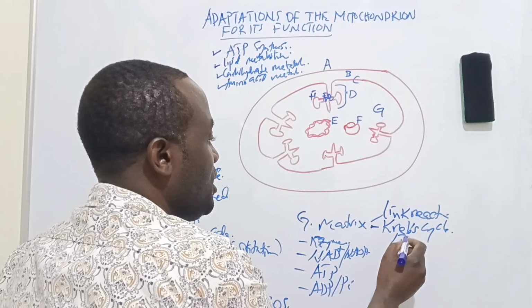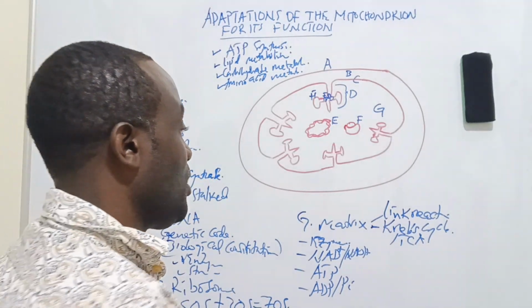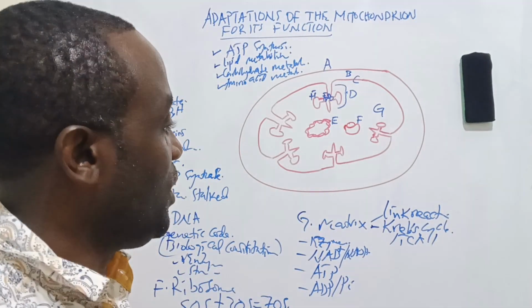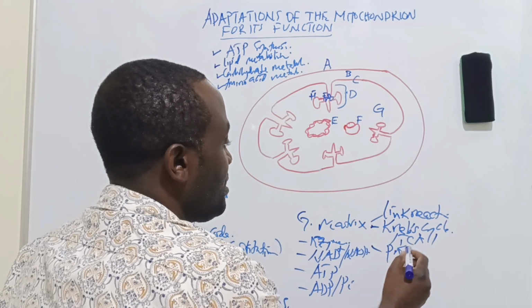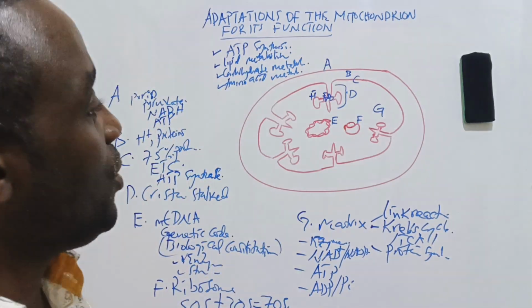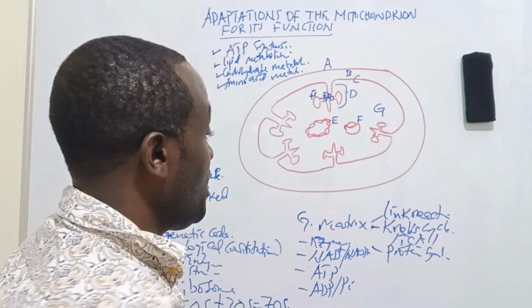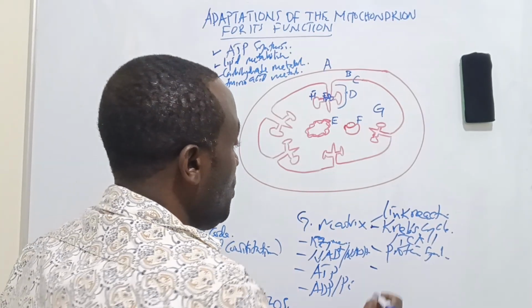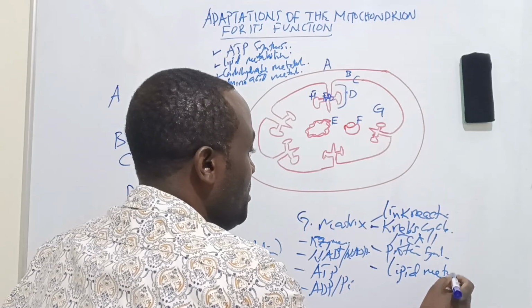You can also call it TCA, standing for tricarboxylic acid cycle, or citric acid cycle if you like. It is also a site for protein synthesis, when the mitochondrial DNA is coding for a particular protein required by the mitochondrion. Then it is also a site for lipid metabolism.